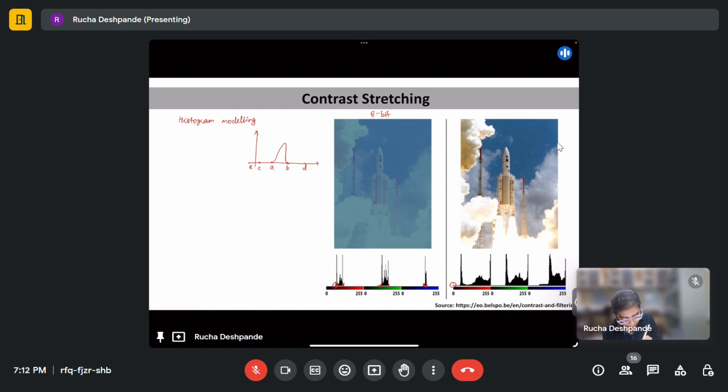It need not be from 0 to 255. I can change this range accordingly based on how I need to amplify the image. So the range from A to B can be changed to C to D.